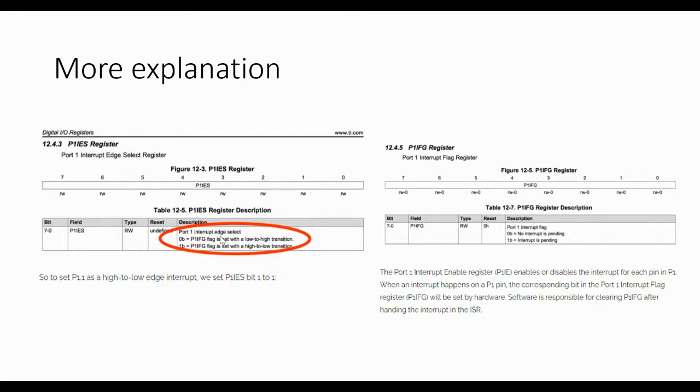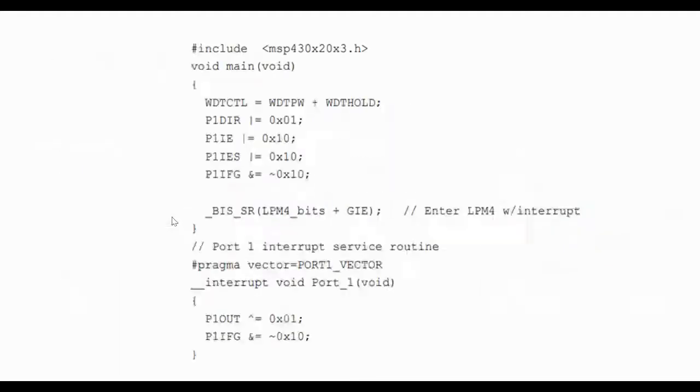If that edge is detected, then this interrupt will happen. If the transition is not detected, this does not happen. Whenever an interrupt happens, this part of the code is activated.